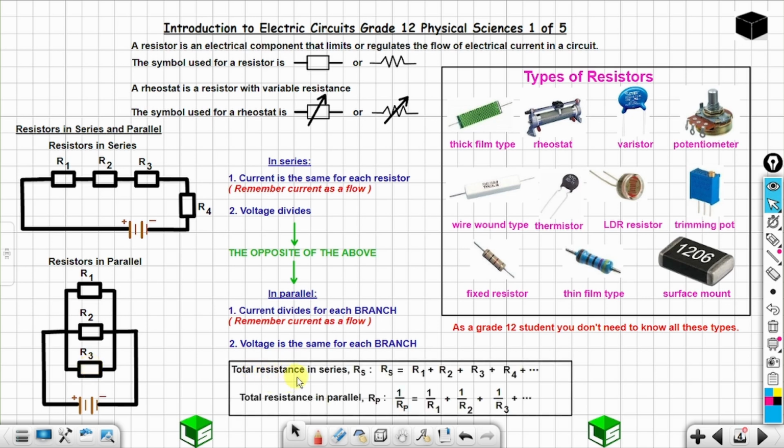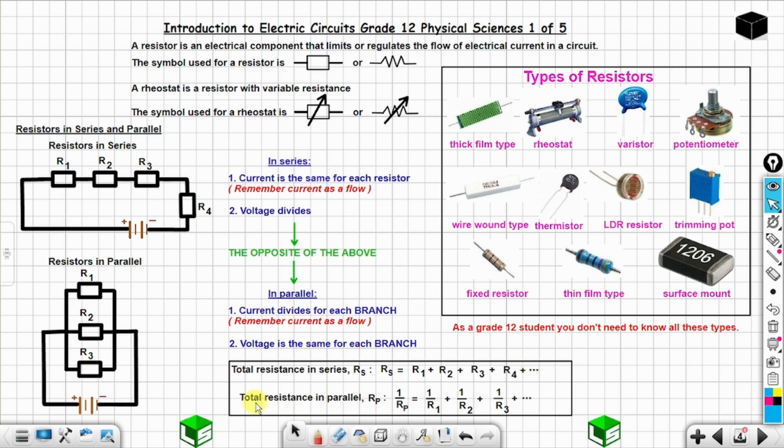Now, the formula for calculating total resistance in series and total resistance in parallel. In series, you are going to add R1 plus R2 plus R3 plus R4 and so on, depending on how many resistors you have in series.